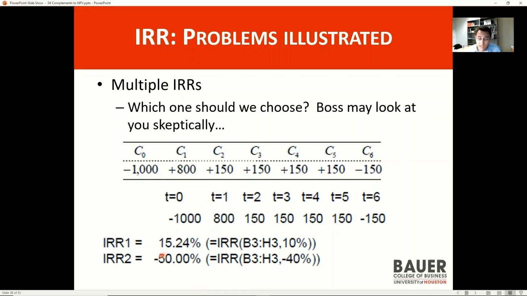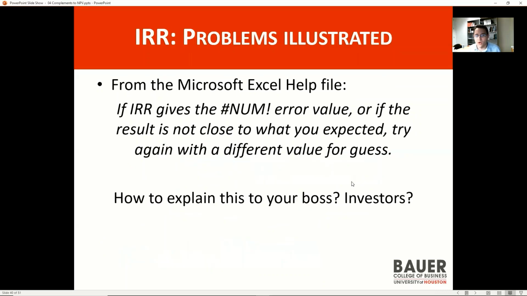With the minus 50% IRR, it's putting more weight on the earlier cash flows, and you can find discount rates. If you put enough weight on this negative cash flow, you get a certain IRR. If you put enough weight on this later negative cash flow, you get a separate IRR, right? And so it's not something you can explain to your boss, or to your investors, to say, why would you choose one rather than the other?